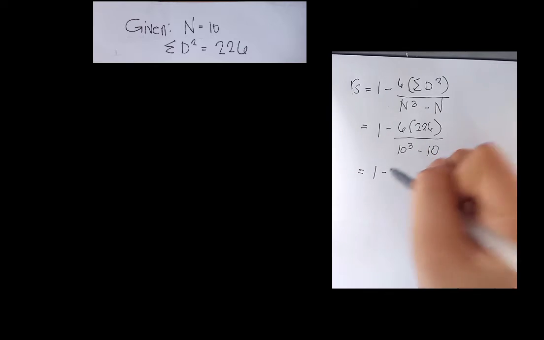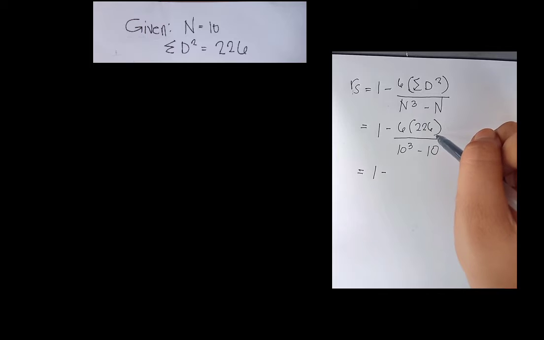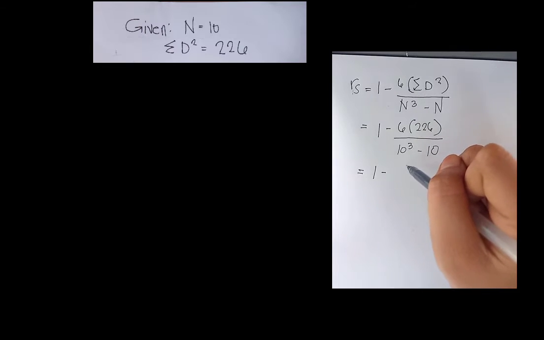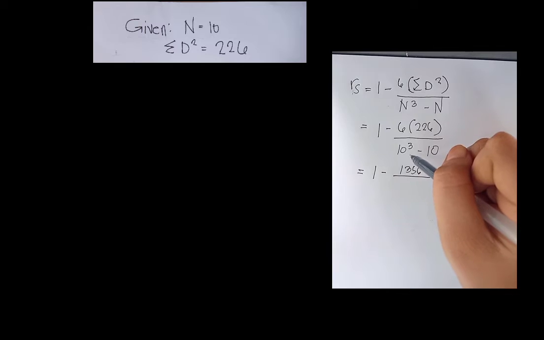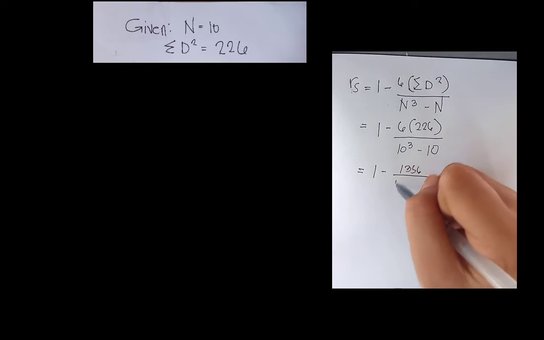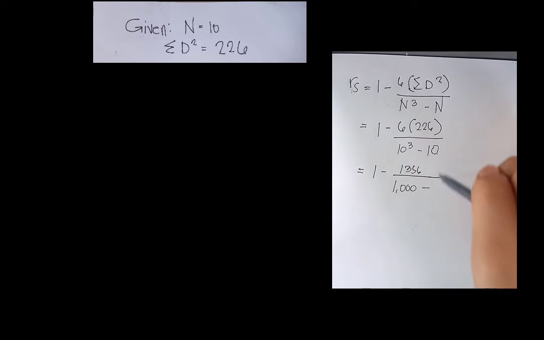Next is 1 minus, let's multiply 6 by 226. So 6 times 226 is equal to 1,356 over the equivalent of 10 cubed. So 10 cubed is equivalent to 1,000 minus our number of cases, which is 10.